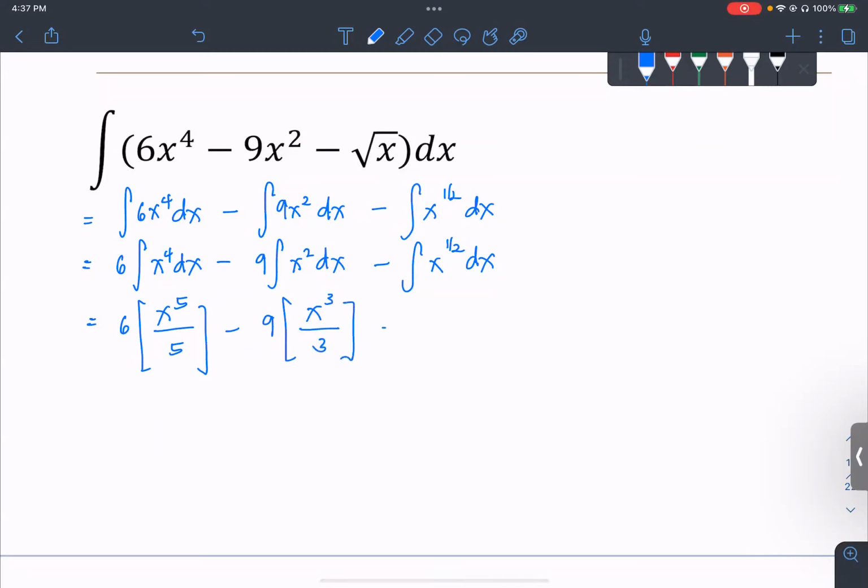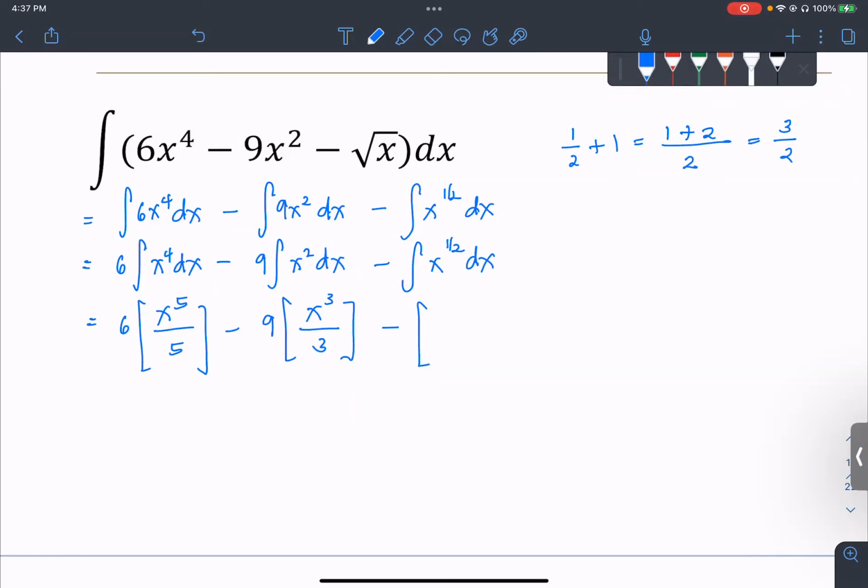So minus, ito, x raised to 1/2. So ang n natin is 1/2. Paano yun, di ba? 1/2 plus 1. Mag-LCD ka ng 2. This is 1, so 2 times 1, 2. The answer will be 3 all over 2.